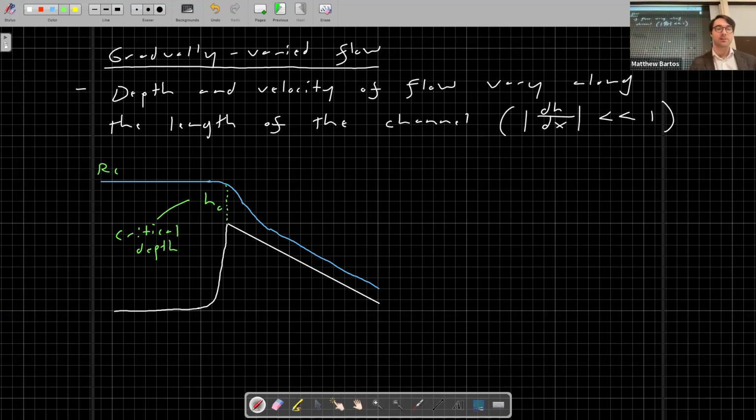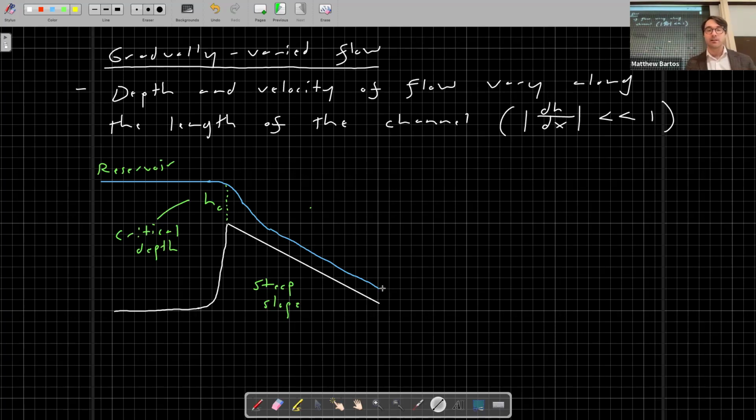This is some sort of reservoir. And this is a steep slope channel. So the flow in this channel would be supercritical. We're transitioning from the critical depth, and then that depth is decreasing as it transitions into supercritical flow.